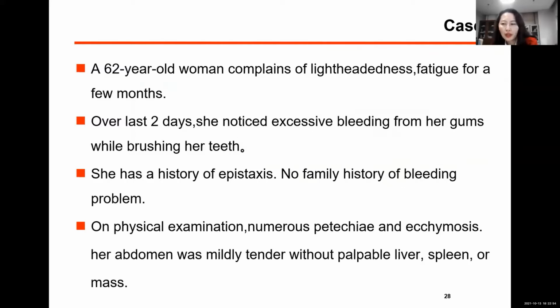She has a history of epistaxis. She has no family history of bleeding problems. On physical examination, numerous petechiae and ecchymosis. Her abdomen was mildly tender without palpable liver, spleen, or mass.